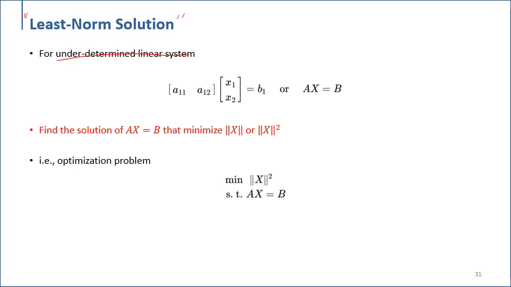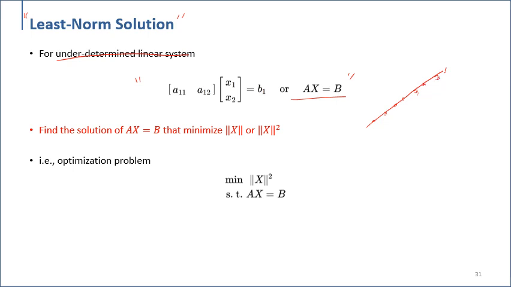For this underdetermined linear system, we know that the solution could be represented like this single line case. Any point on this line could be the solution. But the question is, what could be the best solution, and which point should we select?